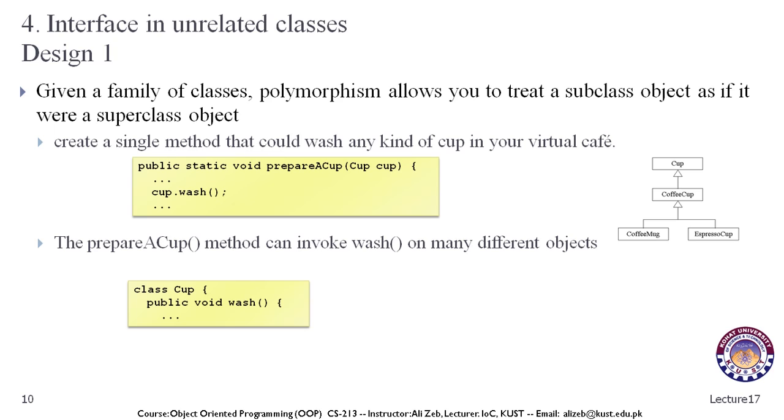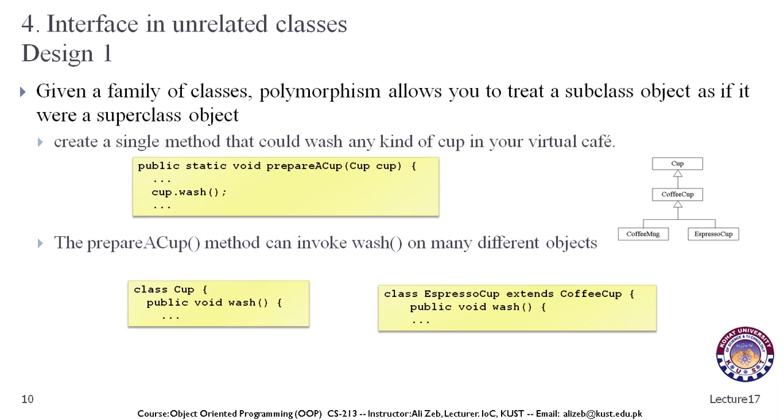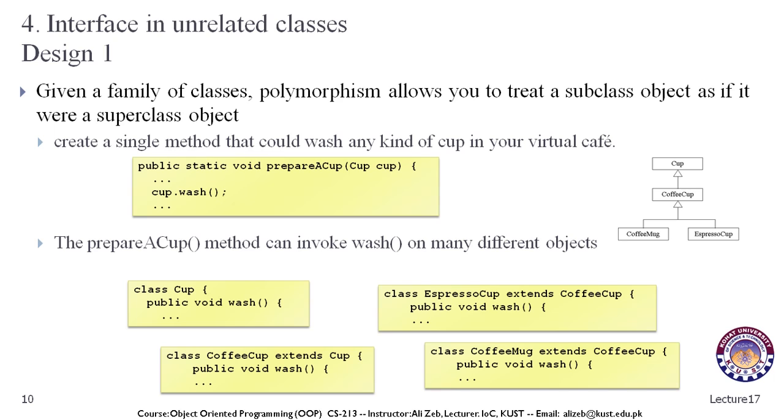A prepare cup method can invoke wash on many different objects of the cup class or any subclasses of the cup class. So we can implement the wash method in the cup class, and we can extend the coffee cup and implement the wash method in the coffee cup class itself, which extends the cup class.